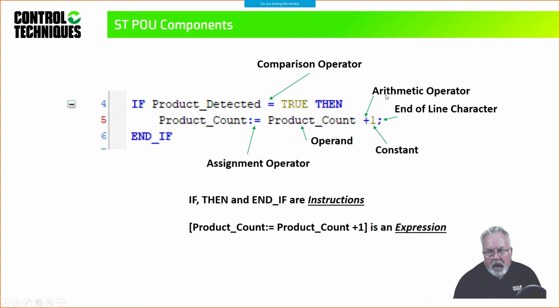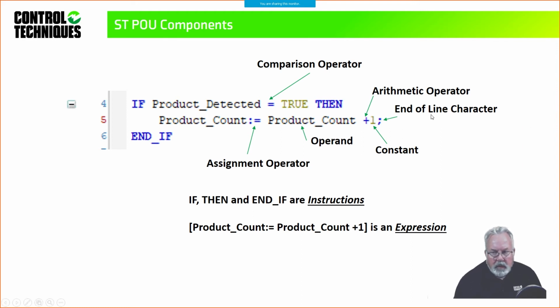There's arithmetic operators, plus, minus, all the usual suspects are supported, including square root, exponentiation, things like that. Constant, just like in my example earlier when I updated the preset speed using a constant of 100.0, well, that's a constant. And then the end of line character.